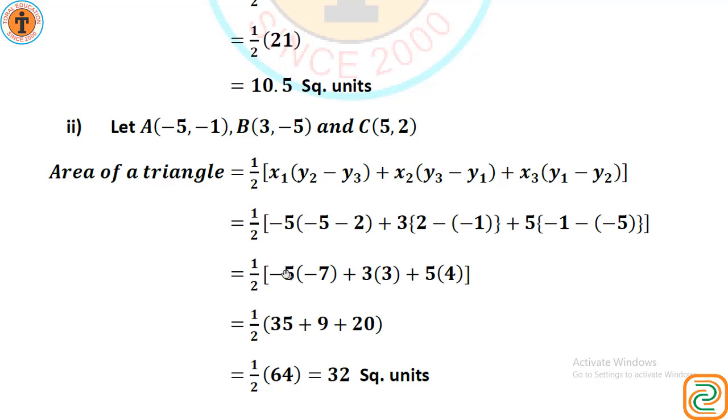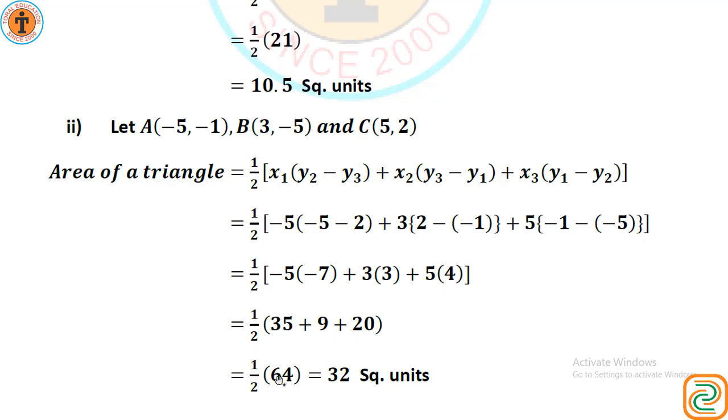Minus 5 minus 2 that is minus 7, and 3 bracket 2 plus 1, that is 3, here also minus 1 plus 5 that is 4, so 5 into 4. We have minus minus plus: 5 7s are 35, 3 3s are 9, and 5 4s are 20.